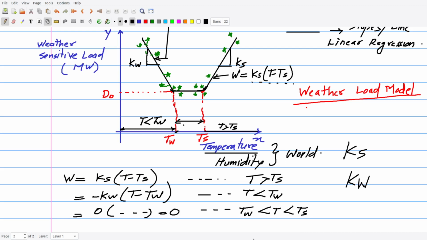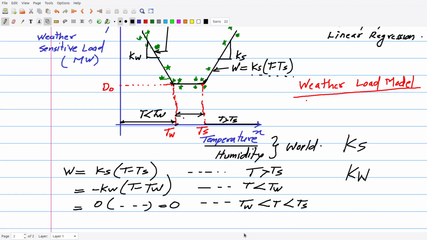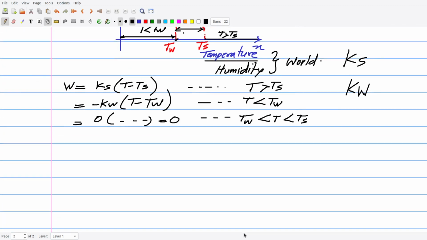So the entire procedure is called weather sensitive load forecasting. All this whatever we did is called weather sensitive load forecasting.